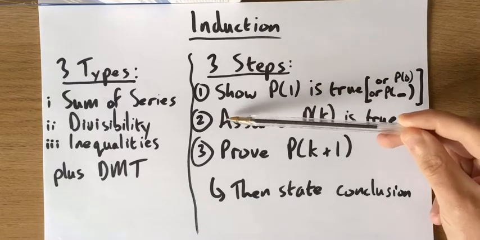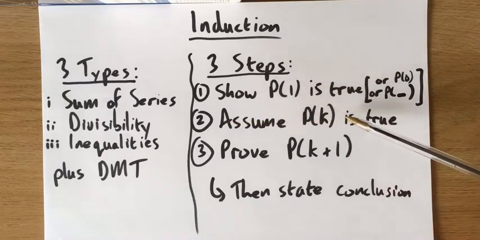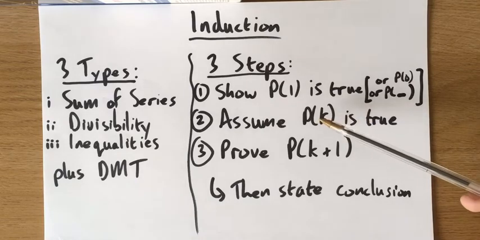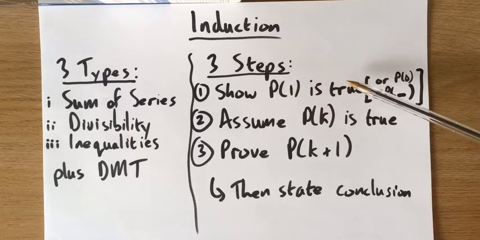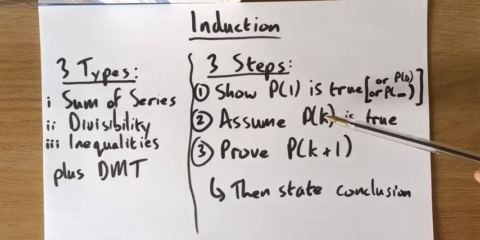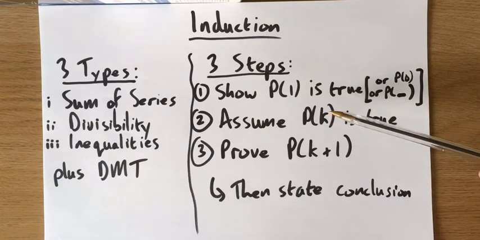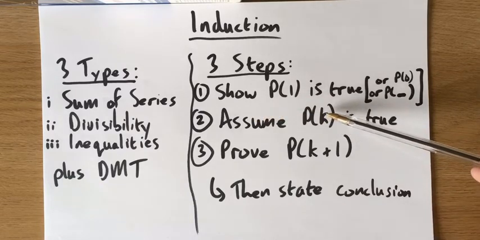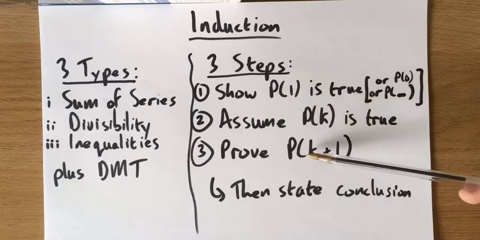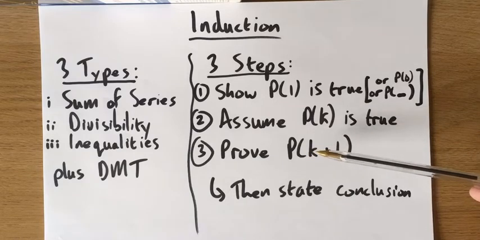Next step is to assume some abstract step is true. So instead of subbing 1 in and finding that it definitely is true, you're going to sub k in and assume that it's true. Then, having assumed k is true, you're going to use that to prove the next step is true.